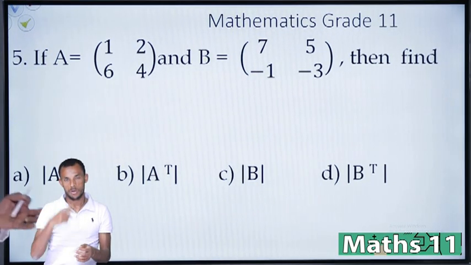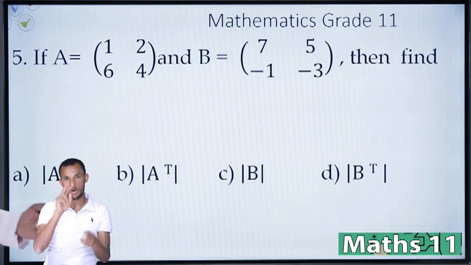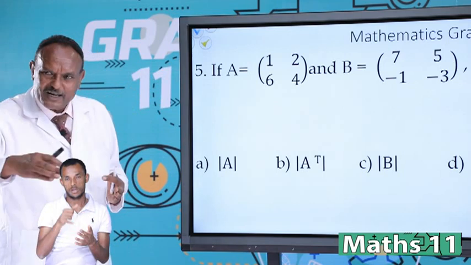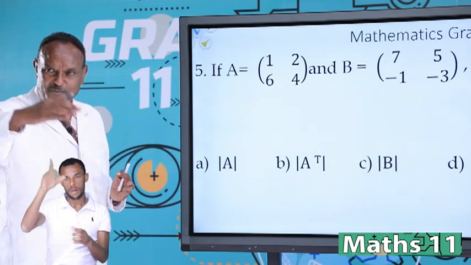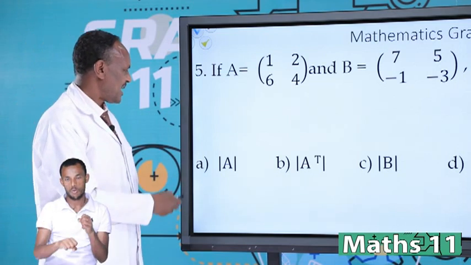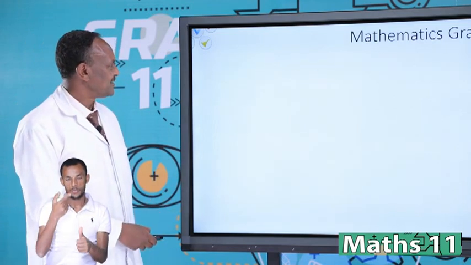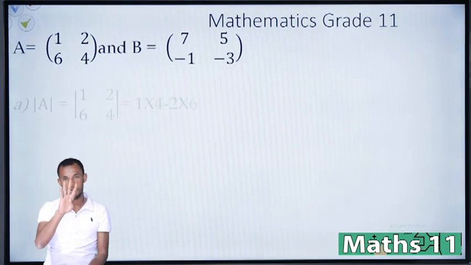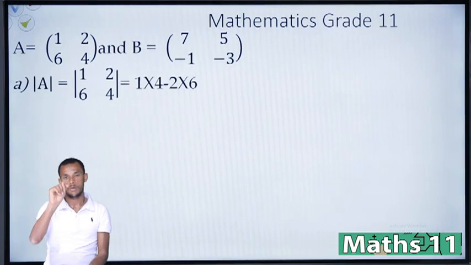We said that for a 2 by 2 matrix, the determinant is the product of the main diagonal minus the product of the opposite diagonal elements. So when you are coming to the first one, you can see A, it was 1, 2, 6, 4. What is the determinant of this matrix?